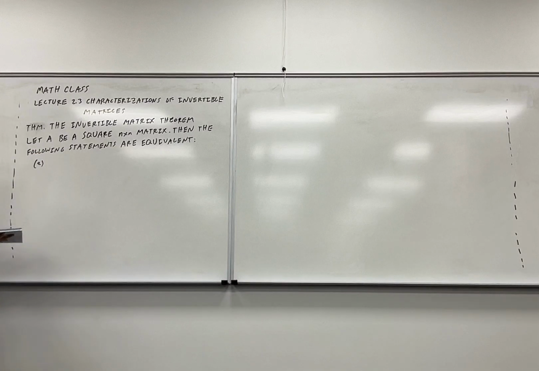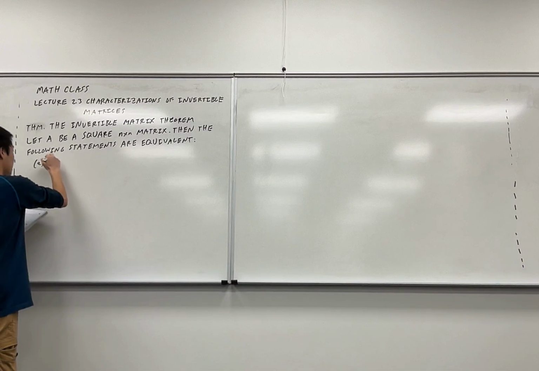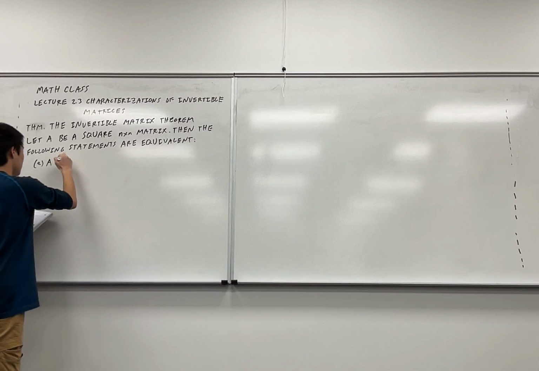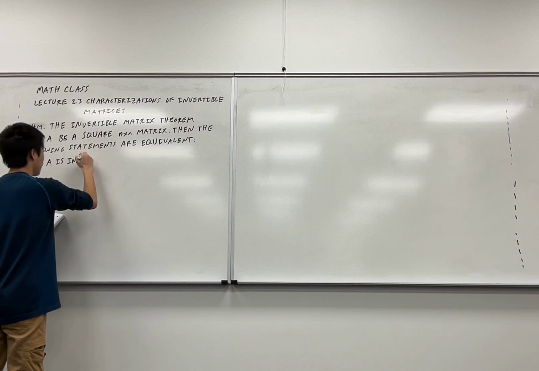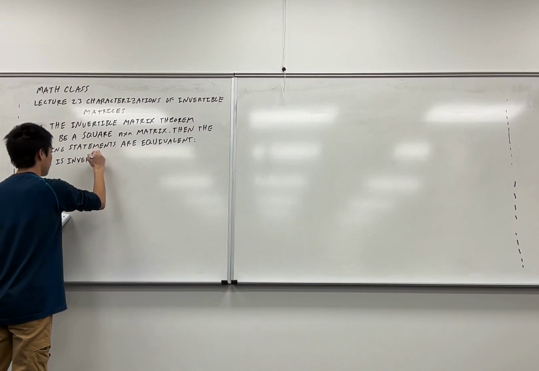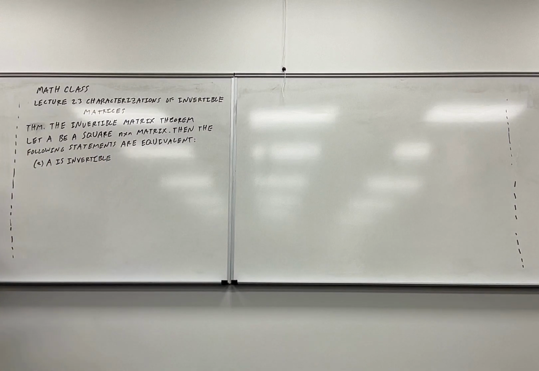Okay, so the first thing is we'll start, if I say that A is invertible. A is invertible. So if this statement is true, all of the rest of them that are going to be written down are also true.